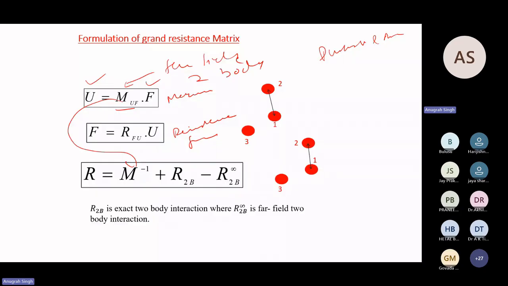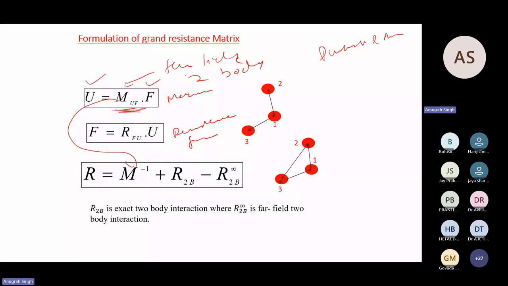You can easily show that when you calculate the inverse of a matrix, all those terms are taken into account, and it comes out that it captures the many body. So the method is that you form the many body problem using two particles at a time. Of course, it is approximate far field.